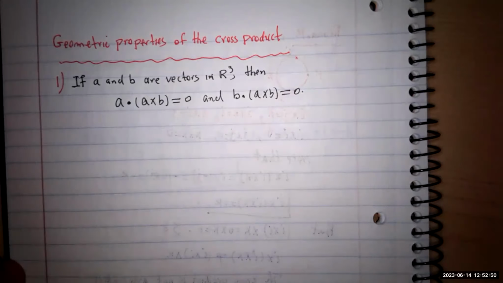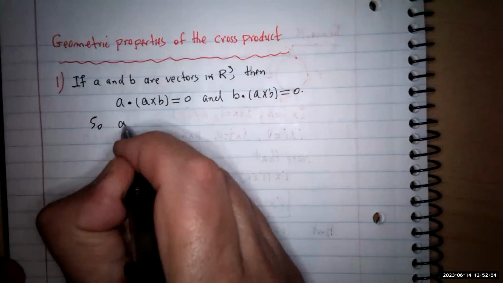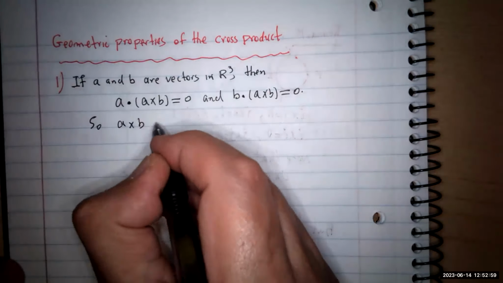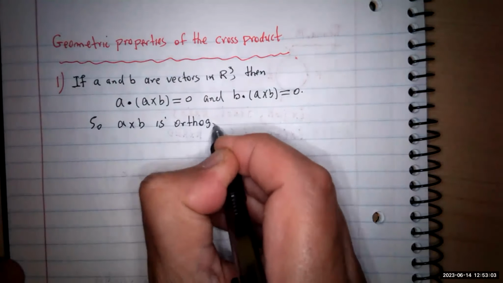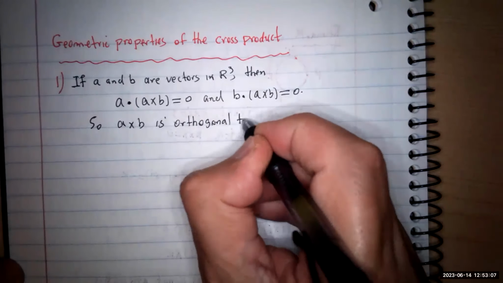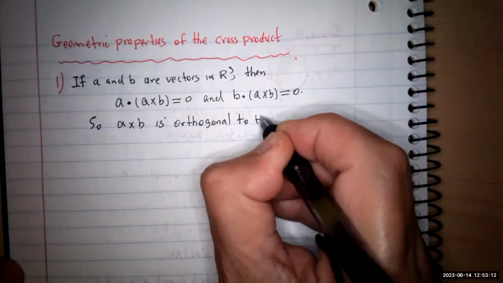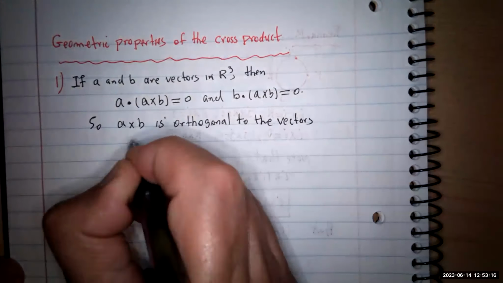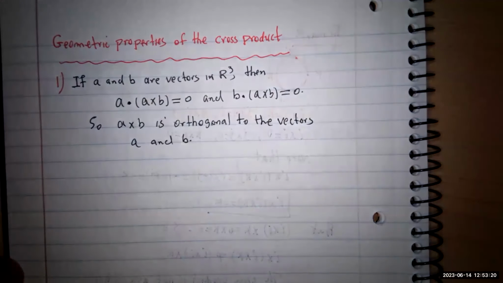So this means A cross B is going to be perpendicular, or orthogonal, to the vectors A and B. A very important fact that we're going to use.